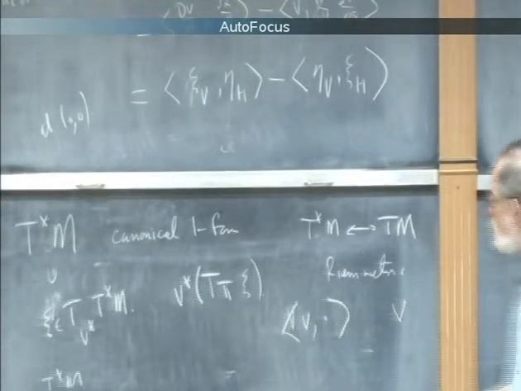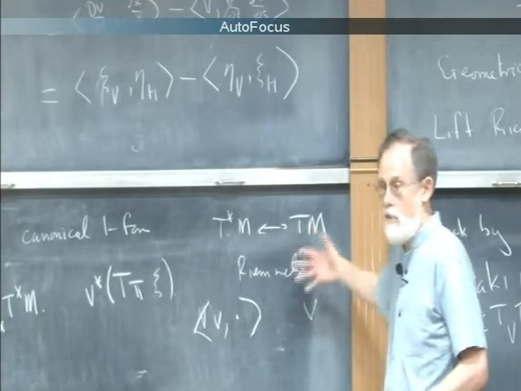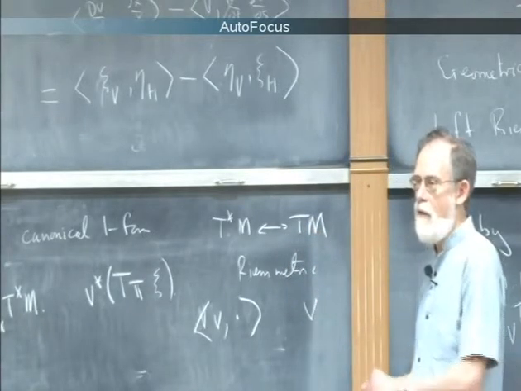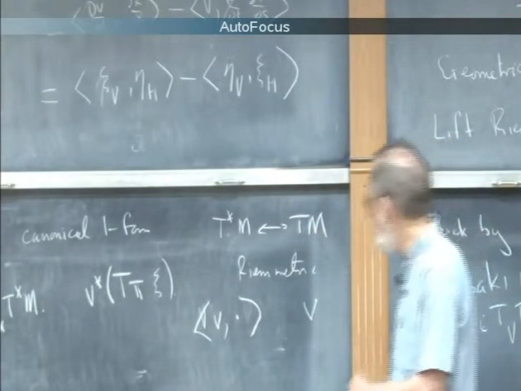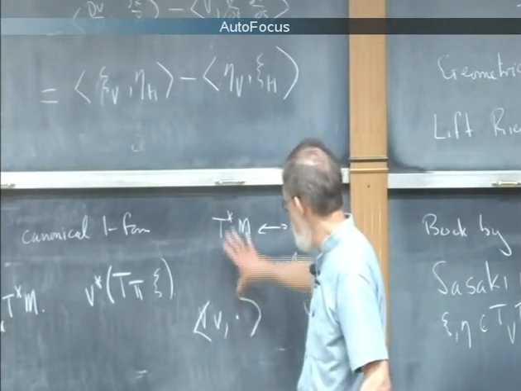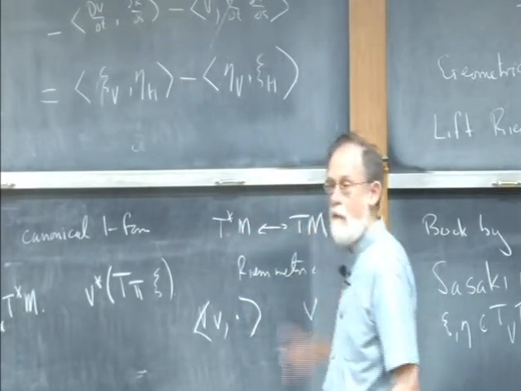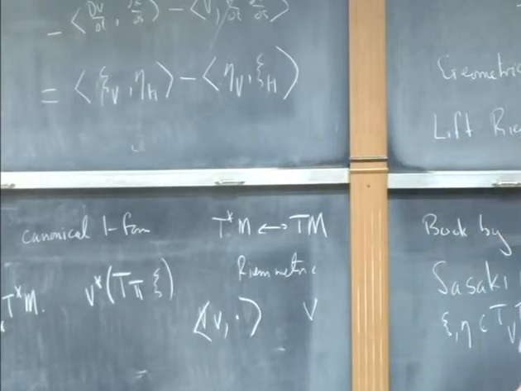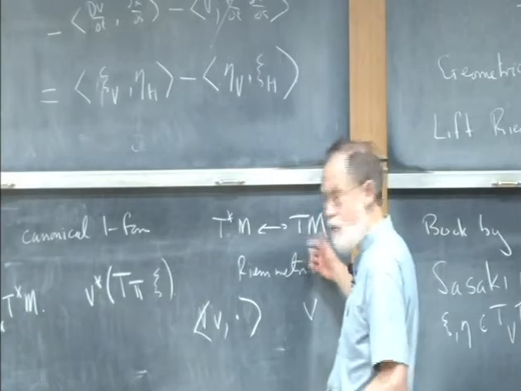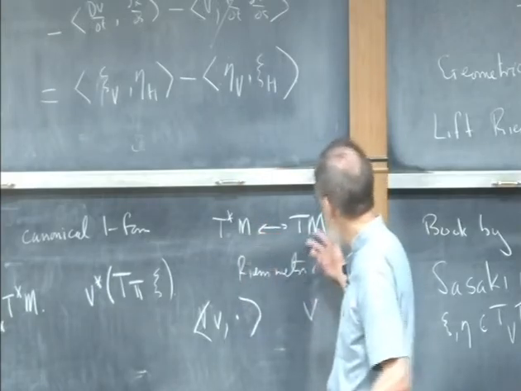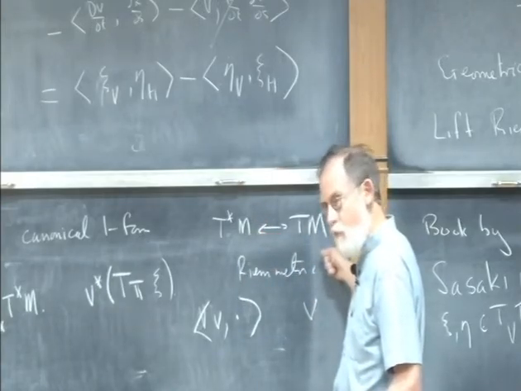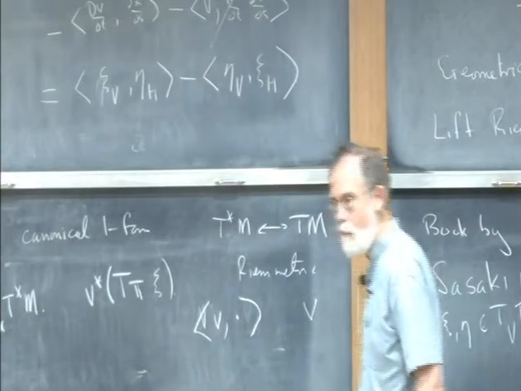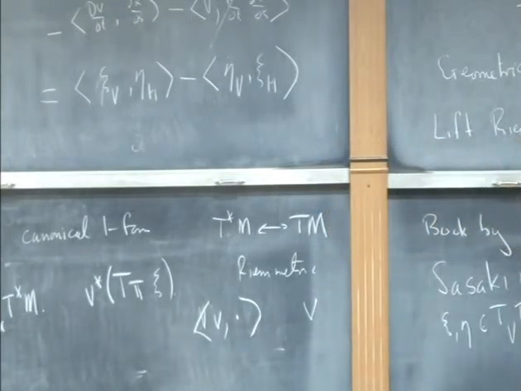So these objects are standard objects in symplectic geometry, and they've just been translated from T star M to TM by the Riemannian metric. So of course, different Riemannian metrics give you different canonical forms on the tangent bundle. Okay, so that is our symplectic form.